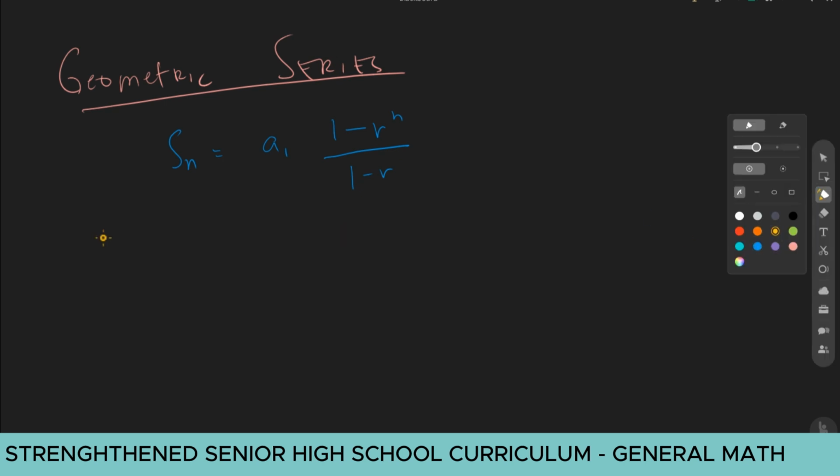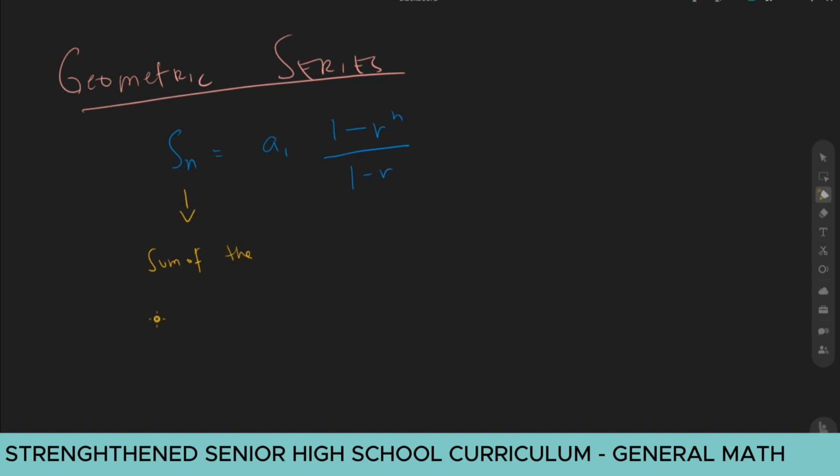S sub n means the sum of the first n terms, and so a sub 1 is the first term, the r is the common ratio, and the n is the number of terms.